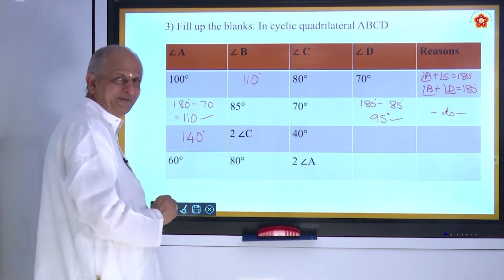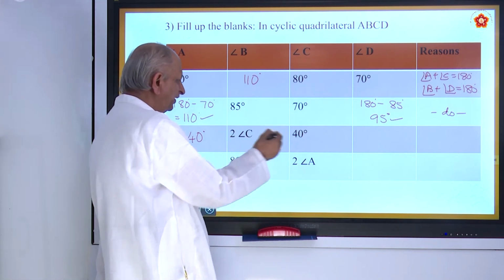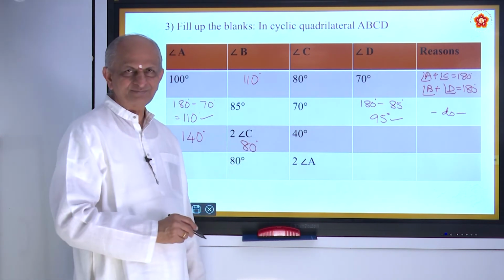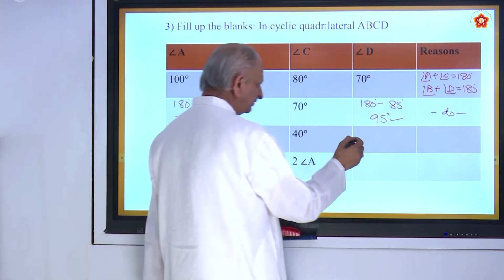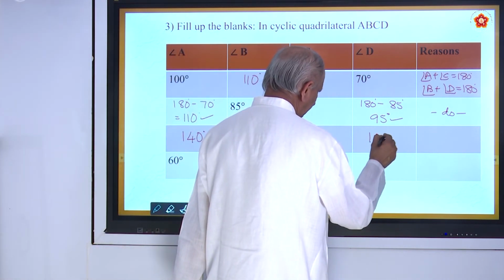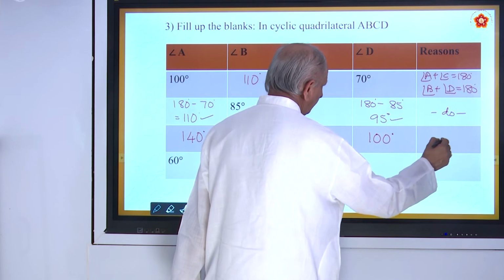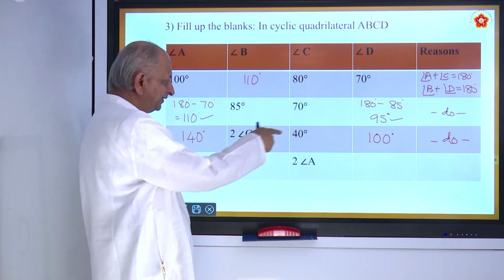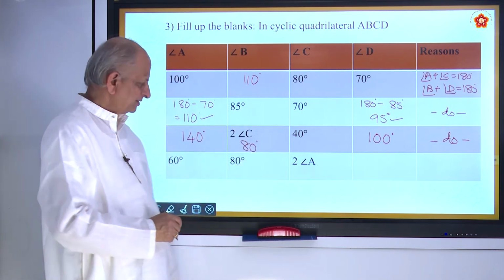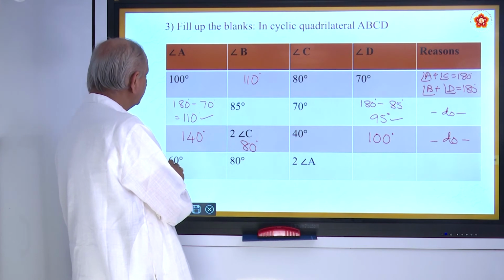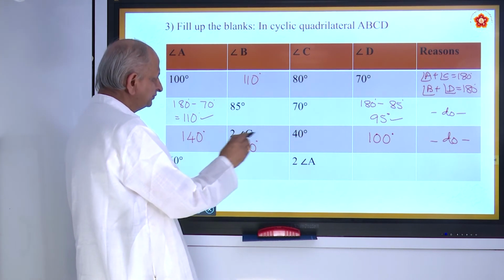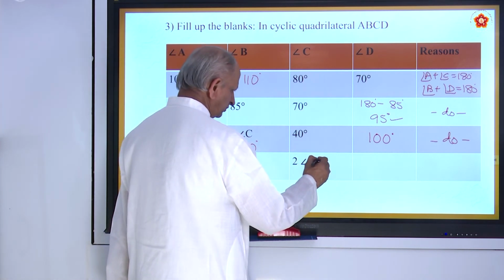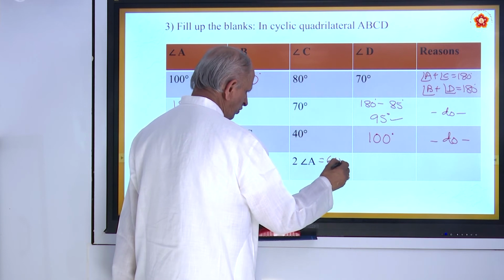And here is a trick given. If C is 40, what is 2 times C? That becomes 80. If this is 80, what about this? 180 minus 80, that is 100 degrees. Same reason. But the only trick here is that 2 times C is given. Now, come on. A is 60. C is 2 times A. Means how much? 60 into 2.